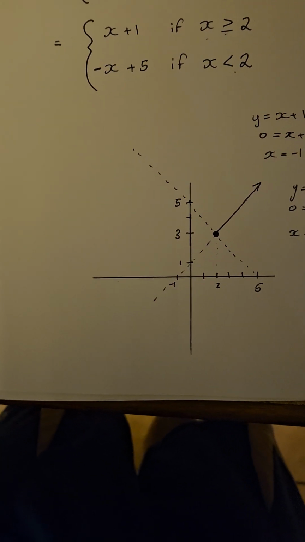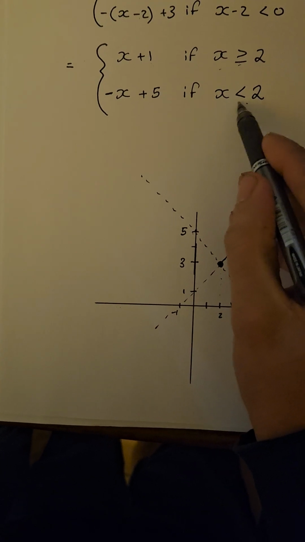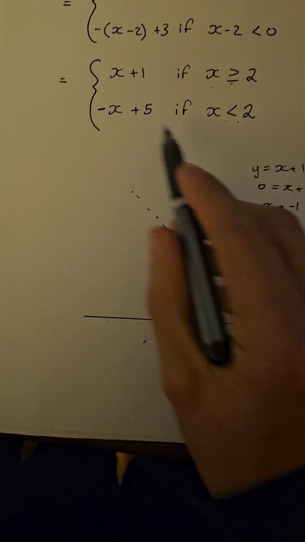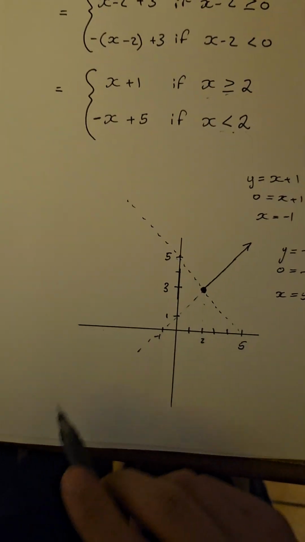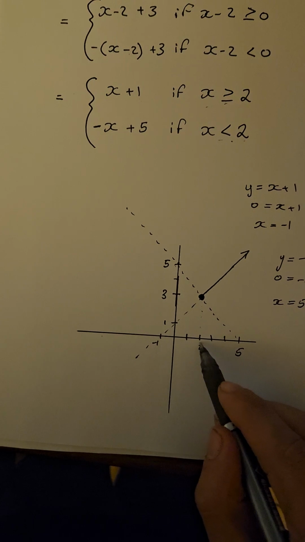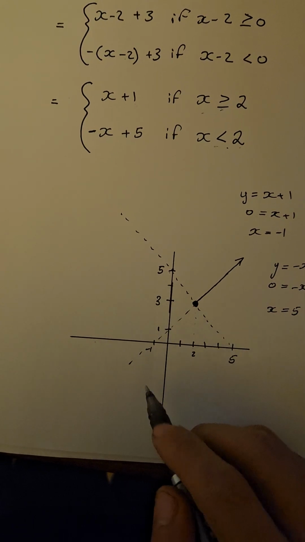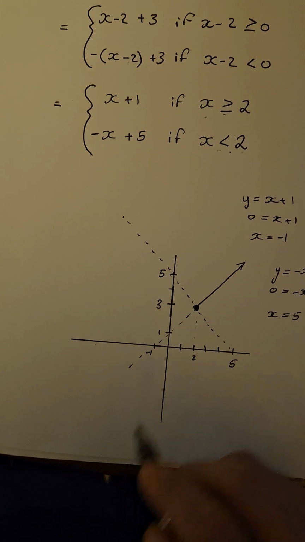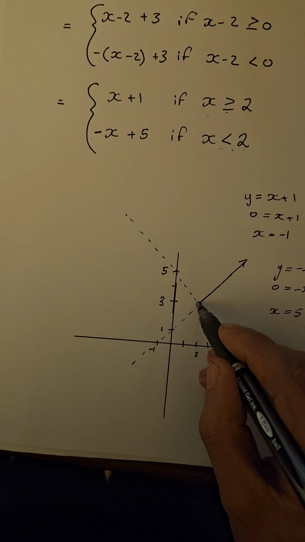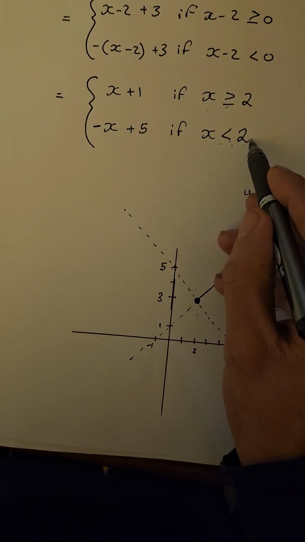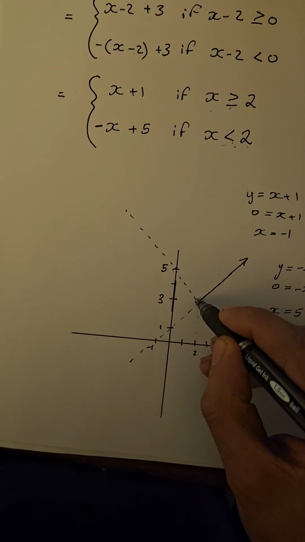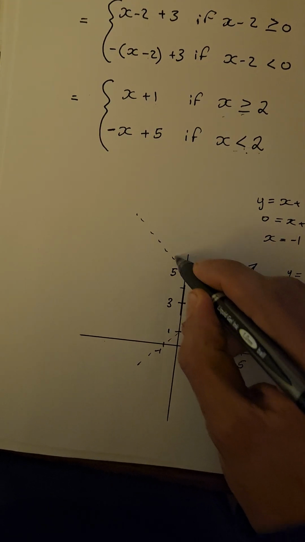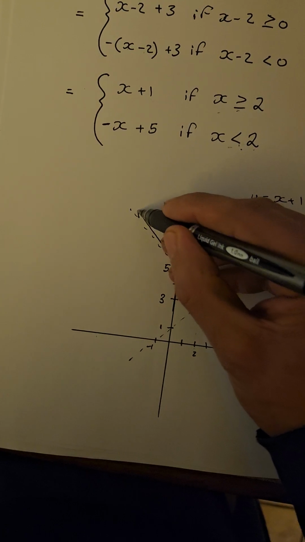And then let's see where it actually exists. To the left of 2. If I go and replace 2 in here, I would also get the point 2, 3 like this. It would be an open circle. Doesn't matter, we already have a closed one there. Open circle won't make a difference, and it exists to the left of this point. So I can draw in the line that exists to the left of that point.